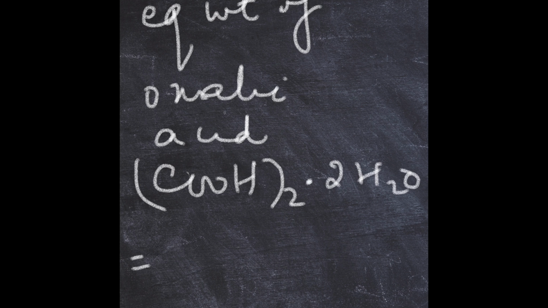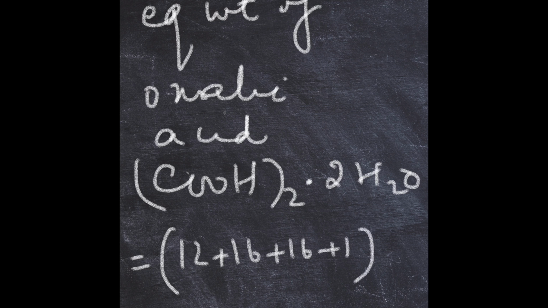So this will be equal to 12 plus 16 plus 16 plus 1 into 2, plus 2 into 1 multiplied by 2 plus 16.